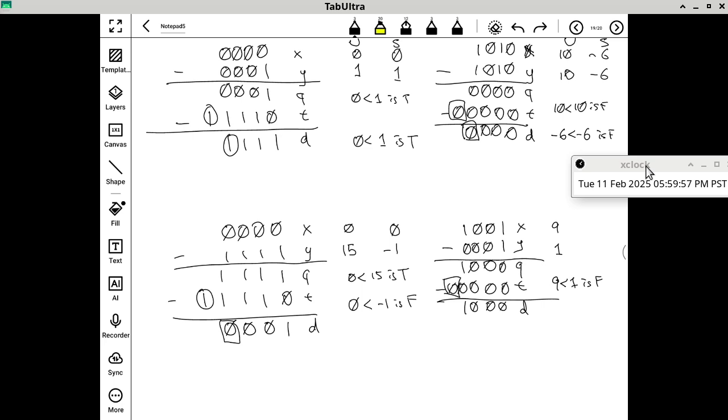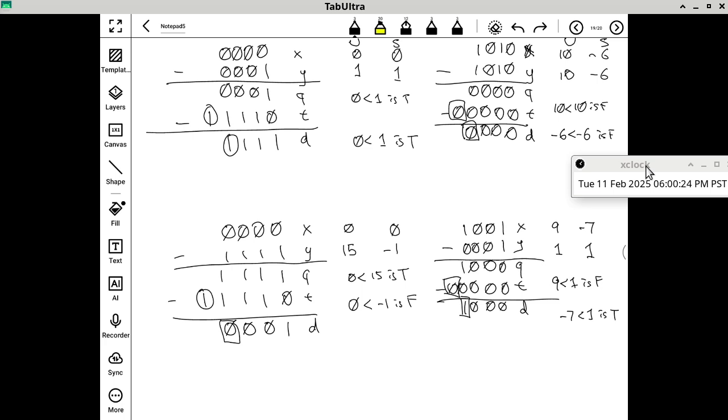1001 is representing the value of 1 minus 8, which is negative 7. So we have negative 7 here. 0, 0, 0, 1 is just 1. So now we are saying negative 7 is less than 1 is true, because that's what the sign bit of the difference is telling us. That is also consistent.